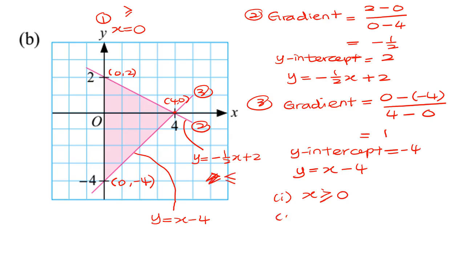So the second inequality is y is less than or equal to negative 1 over 2x plus 2.